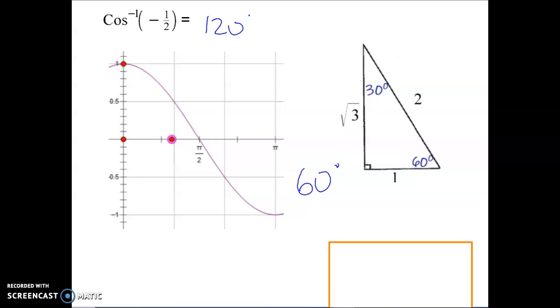Or if I want to do that in radians, the principal value that goes with 60 degrees is pi over 3. And in the second quadrant, that's going to be 2 pi over 3. So the radian value that corresponds to 120 degrees is 2 pi over 3.